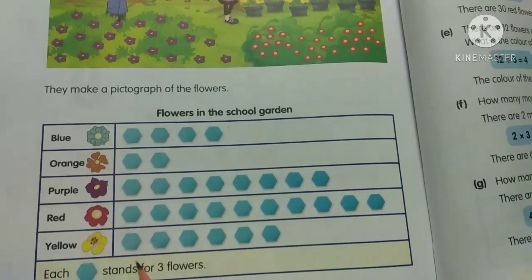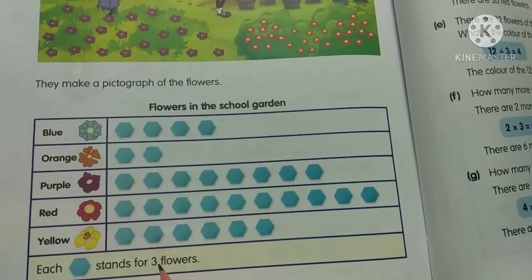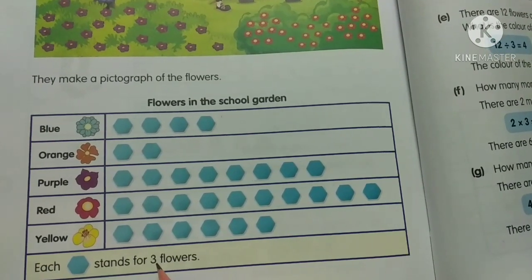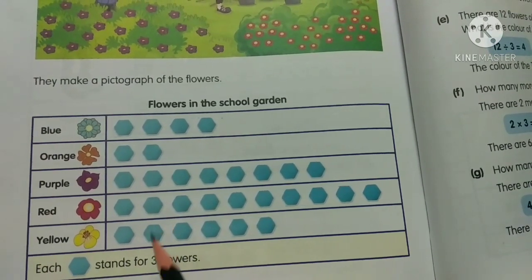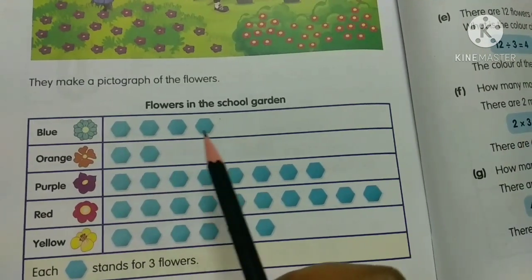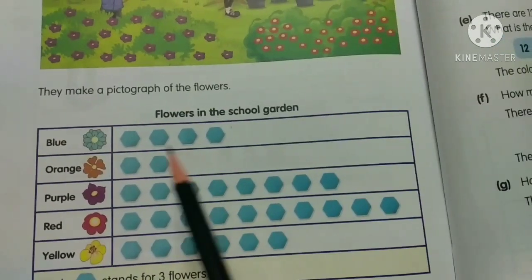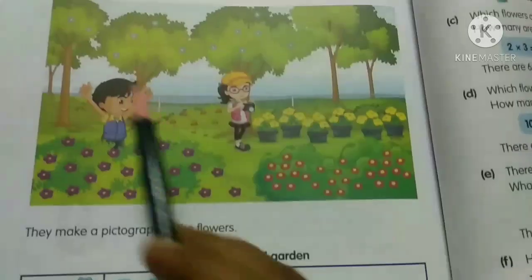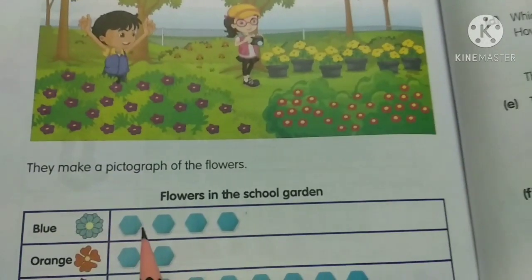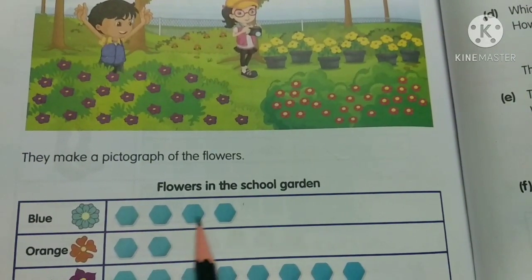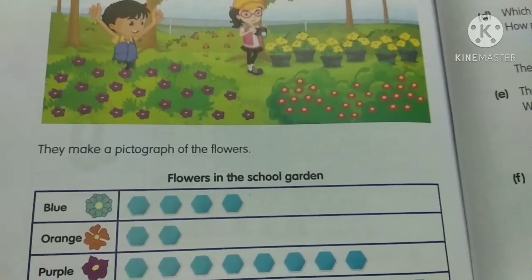One picture represents 3 flowers. That is, one picture 3. 4 such pictures, 3 4s are 12. So here 12 blue flowers are represented by 4 pictures.